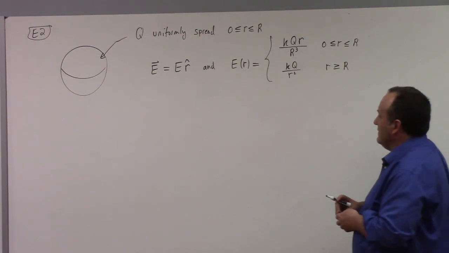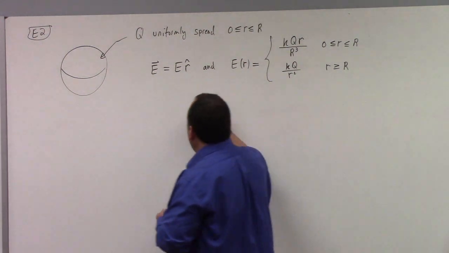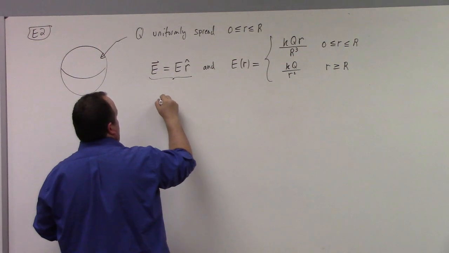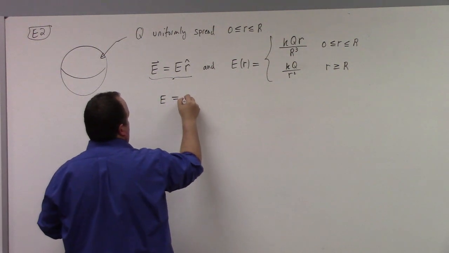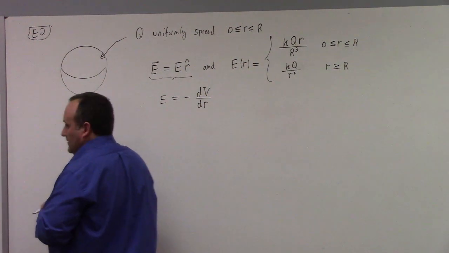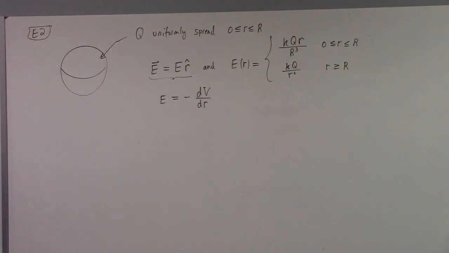The basic observation is that we can expect the electric field to be minus dV dr. We don't need the full awesomeness of the three-dimensional gradient. It's essentially a one-dimensional problem, even though it's three-dimensional, because it just depends on the spherical radius.